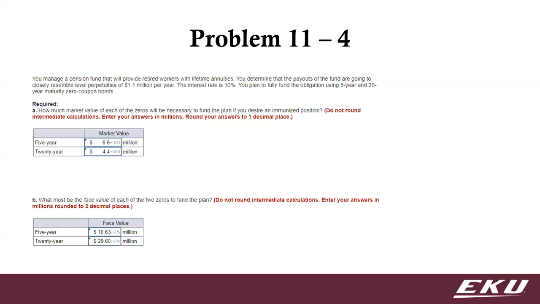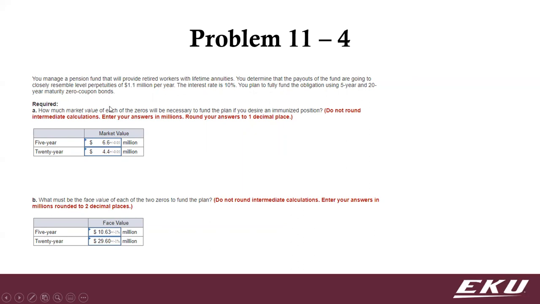Same thing here. Feel free to pause this and take whatever notes you need. I'm going to have the setup on the next slide. So to understand, we have this 5-year and 20-year that we're looking at.